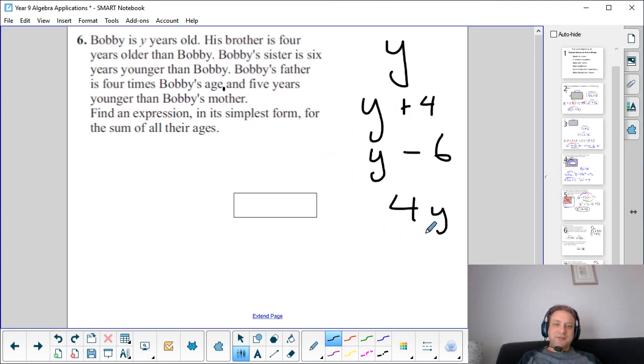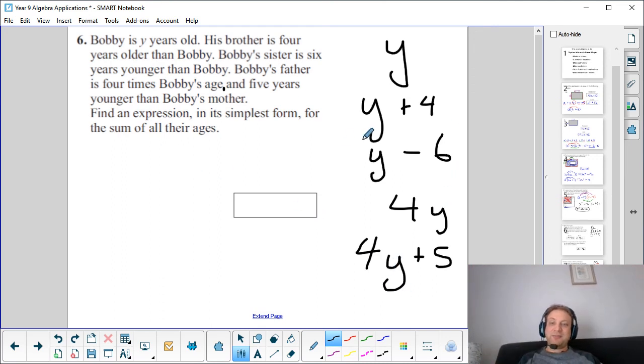So for the mum, we've got to basically make mum 5 years older than dad. They try to be sneaky here and make this one tricky. That's the way they wrote that. We start with the dad and we need to make the mum 5 years older. So if I could plus 5 to the dad, I've got her. Right, so we've got Bobby, brother, sister, daddy, and mummy.